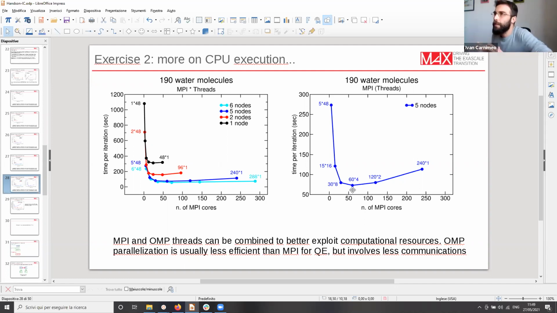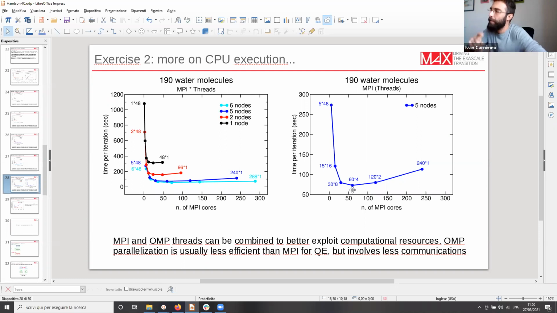From one side we have communication, on the other side we have workload. Increasing the number of MPI processes, the workload for each core will be reduced, whereas the communication will increase. If you keep adding MPI processes, the workload for each process will become very small, and communication will grow faster. For this reason, it's not advisable to push MPI to the extreme limit.